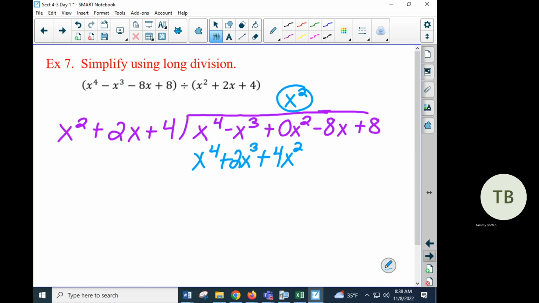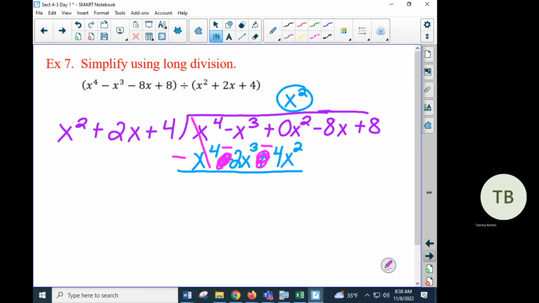Okay. So now we have that, and now we're going to draw our line, and we're going to switch the signs on all 3. So this becomes a minus, this becomes a minus, and that becomes a minus. Then we start adding going down.